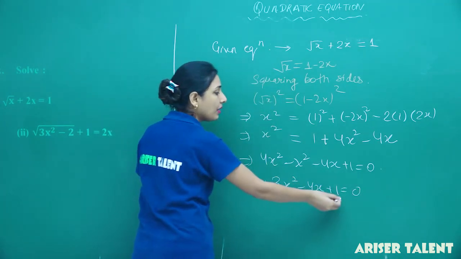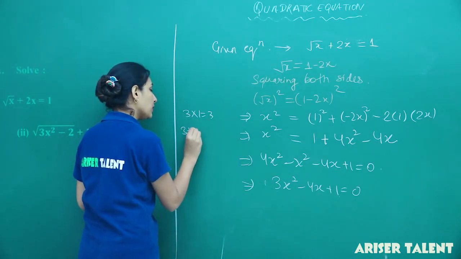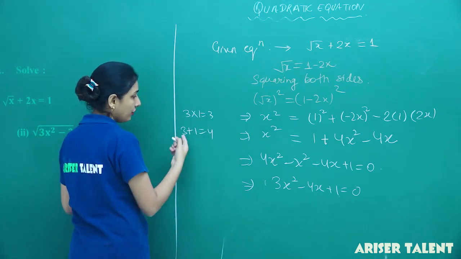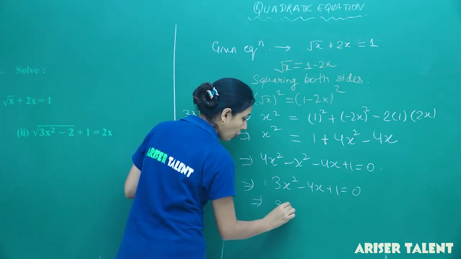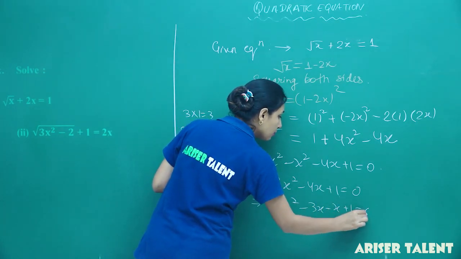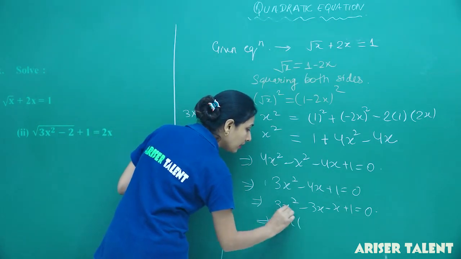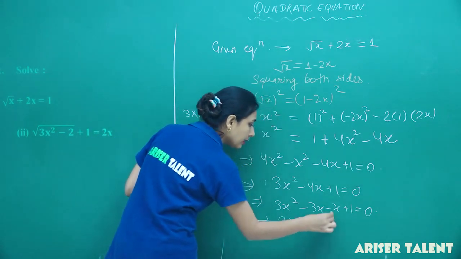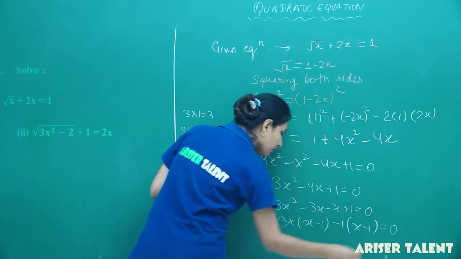Now 3 multiplied by 1 equals to 3, and 3 plus 1 equals to 4. So you will be picking these two factors and write it in this form: 3x square minus 3x minus x plus 1 equals to 0. Now that will give you 3x common, x minus 1 here, minus 1 common, and x minus 1 here also equals to 0.